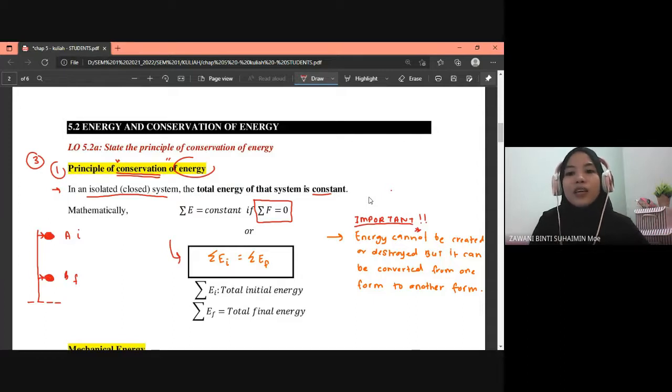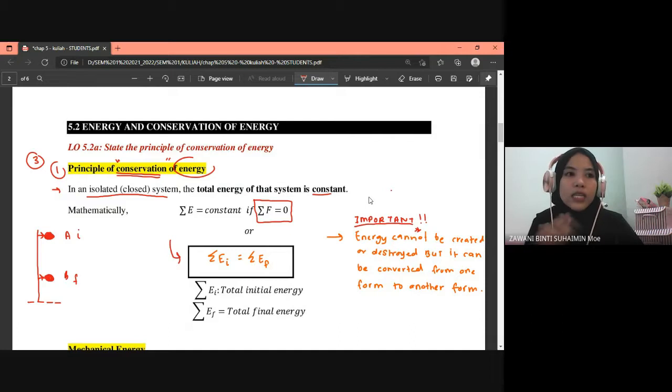Okay, so energy cannot be created, okay, and cannot be destroyed. So manusia tak ada kuasa untuk created ataupun destroykan energy, tapi manusia boleh transformkan energy tu daripada satu bentuk ke satu bentuk yang lain. So contoh kalau kita ada lampu, kita turn on the light using the electricity, right? So contoh tenaga elektrik yang kita bagi dekat lampu kita, contohlah dalam 5 joule, okay?